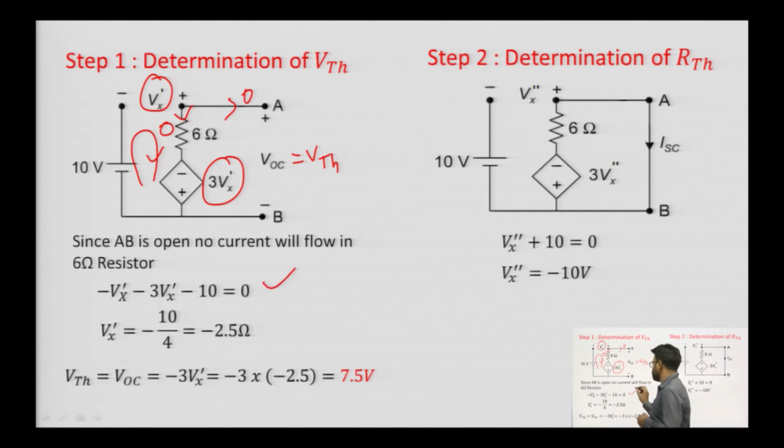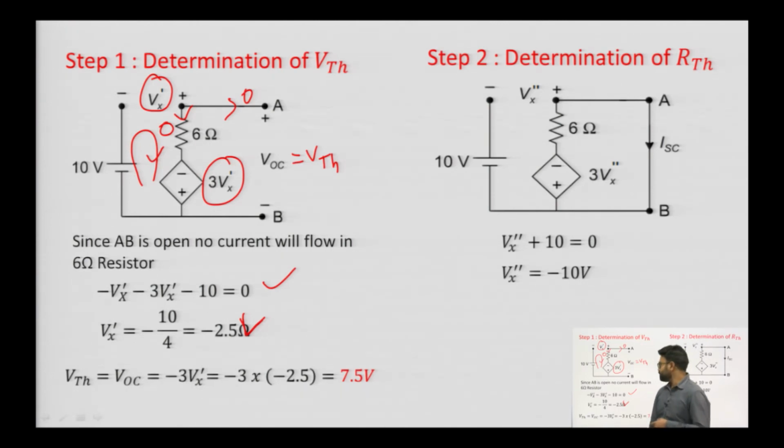We get the equation as minus Vx dash minus 3 into Vx dash minus 10 equal to 0. So, Vx dash will come out to be minus 10 divided by 4, which is minus 2.5 volt.